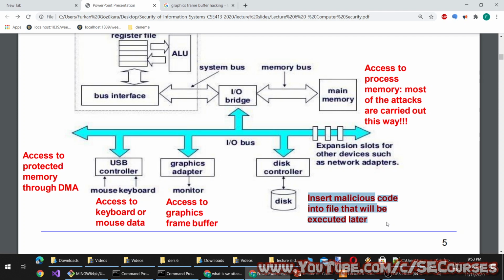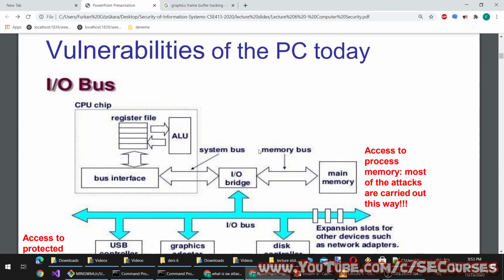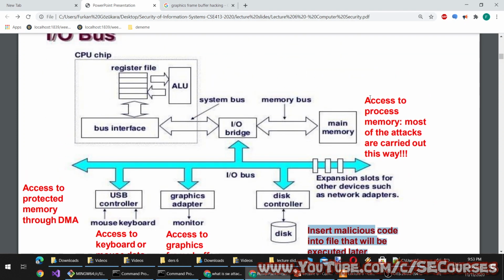Therefore, this is one of the most common ways of hacking PCs today.